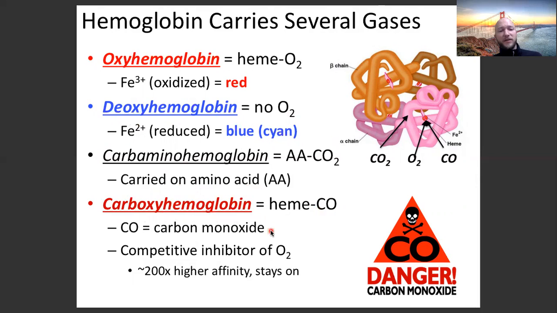Carbon monoxide, CO, is a competitive inhibitor of O2. Carbon monoxide basically binds onto these heme groups and doesn't want to let go. It holds on really, really tightly, in fact 200 times stronger than oxygen does. And it can be dangerous. It can kill you.